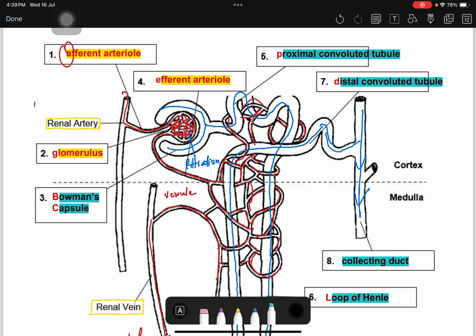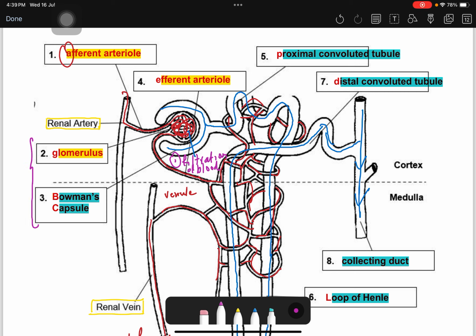All right, so if I use another color to avoid confusion, the two main processes that happen are filtration of blood, where the Bowman's capsule and glomerulus are.